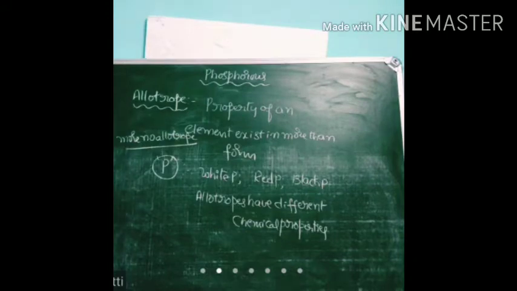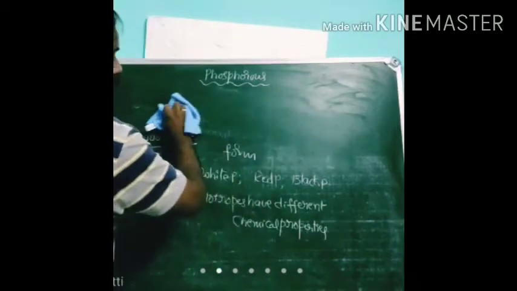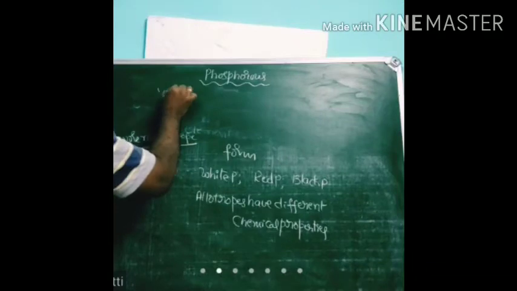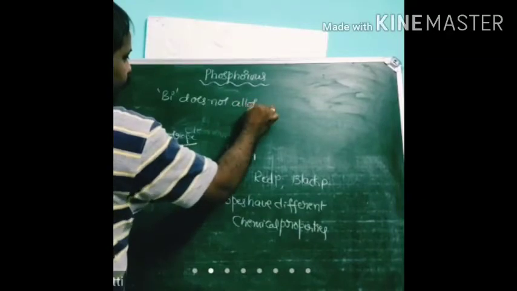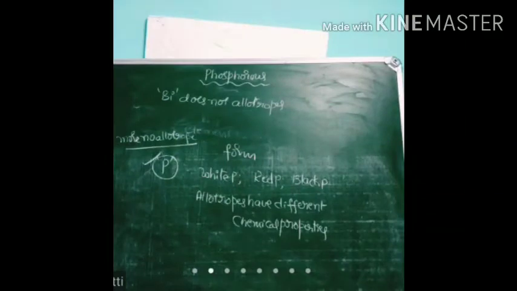Next, among these, allotropes of phosphorus are important. Those allotropes of phosphorus are given in our NCERT textbook. In this chapter, we are going to discuss allotropes of phosphorus only. And remember, in this group, except bismuth, the remaining elements show allotropes: nitrogen, phosphorus, arsenic, antimony.